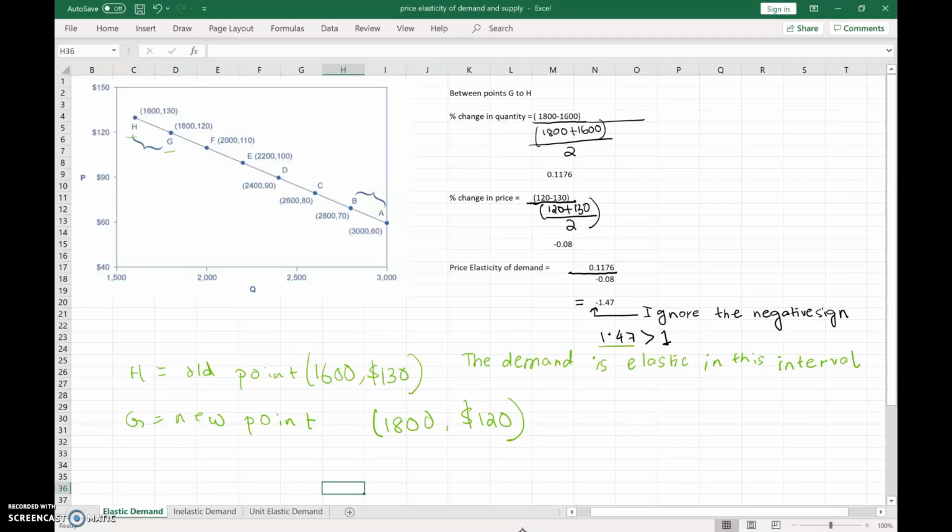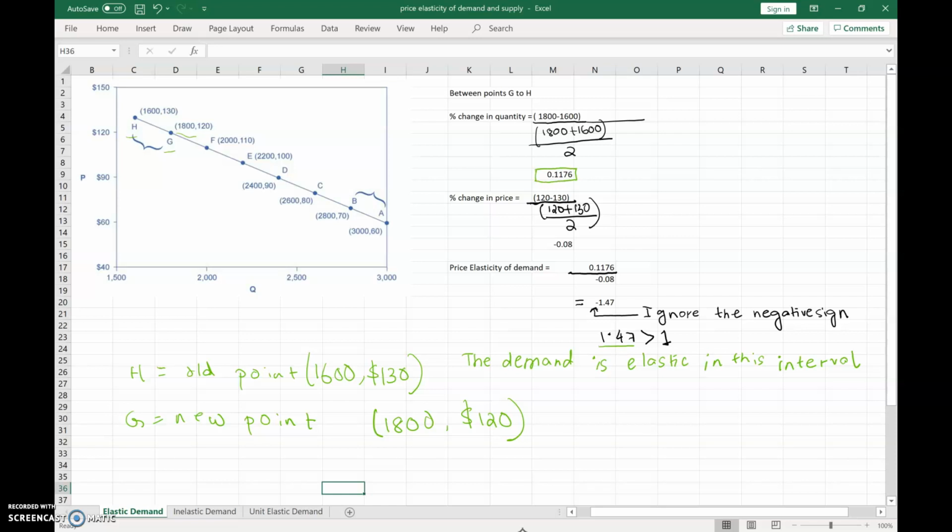Now coming back to our example here, I want to calculate the price elasticity of demand between points G and H. So the first thing I need to know is what's the percentage change in quantity. This will be 1800, the new quantity. From that I subtract the old quantity, which is 1600. I divide by the average of these two quantities. So what I have is 0.1176.